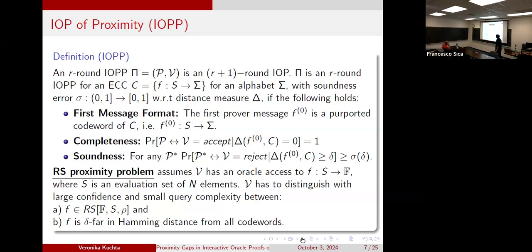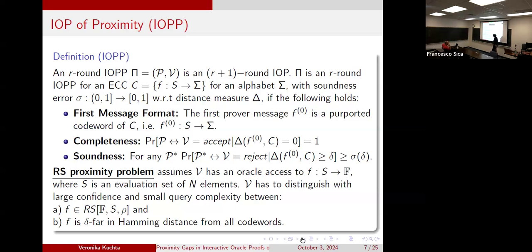Let's look a little bit closer at the definition of IOPPs. It's again an interactive proof system. It's run in R rounds, actually in R+1 rounds, and it involves an error correction code, right? An error correction code, which, as I mentioned, is usually the Reed-Solomon code.